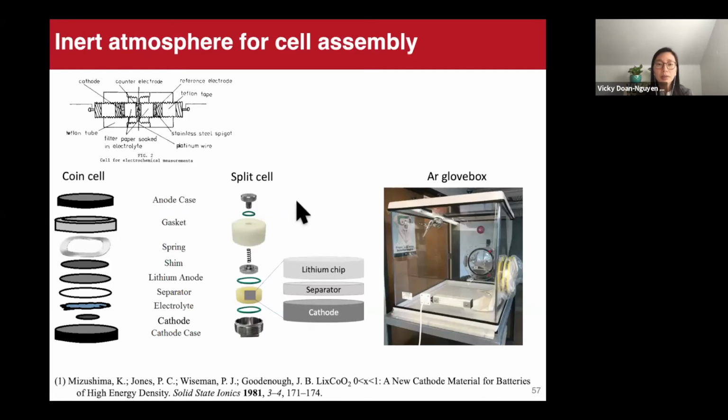The assembly is done in an argon glove box that you can see here. This is the type of glove box that you'll be working with for the in-person lab. Whether you're making a coin cell that you typically see or what's called a split cell, the assembly will be the same in terms of the ordering. We'll go over that when you're in person.